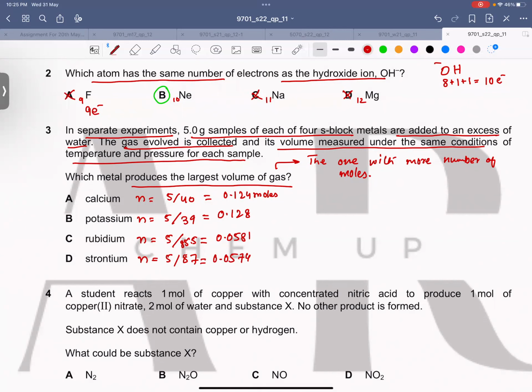Okay, so these two are from group 2 and these two are from group 1.